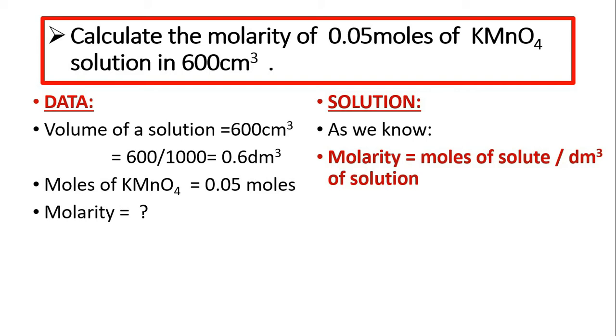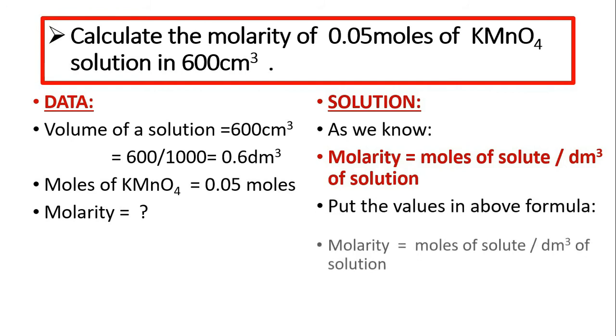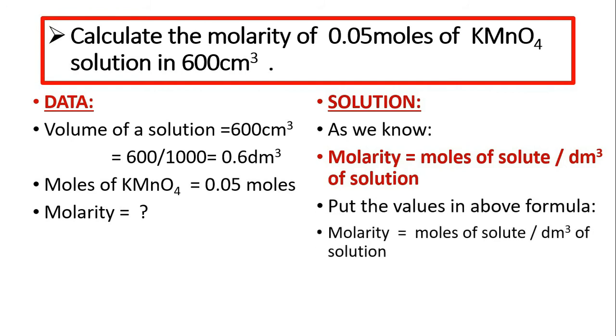So we will put the values in this formula. Molarity is equal to moles of solute divided by dm cube of solution. Moles are 0.05 and we have volume in dm cube 0.6. So we get the molarity 0.083 molar. Yes, capital M is the unit for molarity.